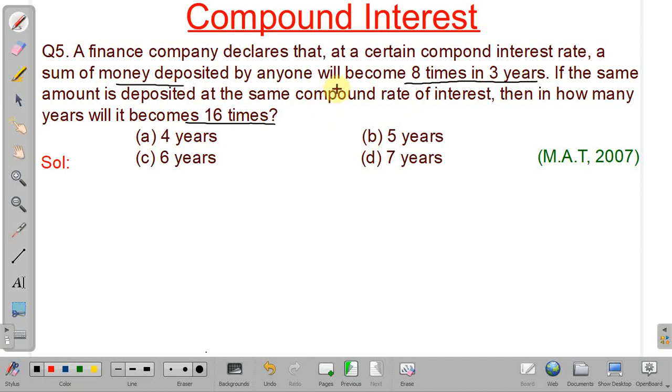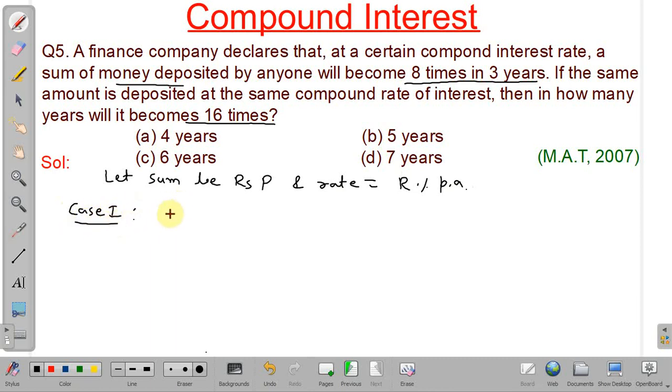Okay, so we will assume the sum as P. Let the sum be rupees P, and rate of interest be R% per annum.